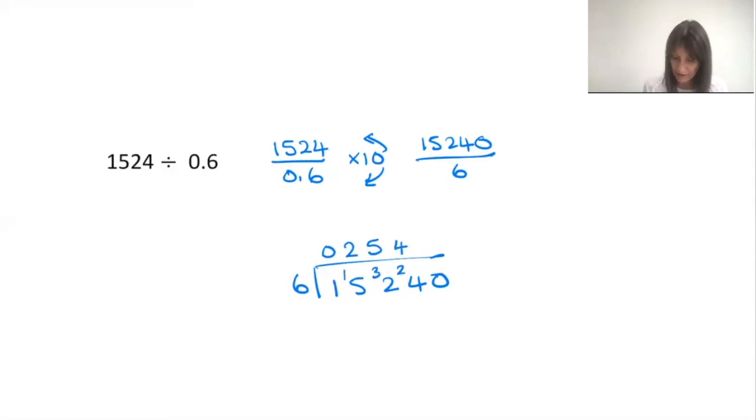Nothing to carry over. 6s into 0, 0, or just bring the 0 up, whichever way you think about that. So the answer to that question is 2,540. And then that is us done.